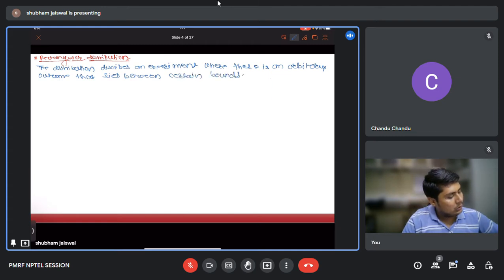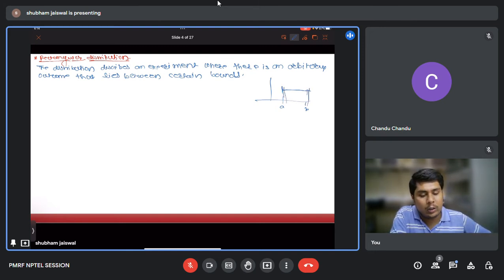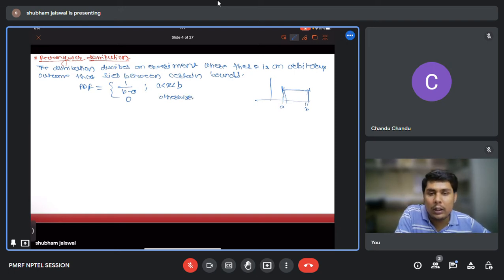So suppose here I have A, here I have B, and the outcome lies within these two bounds, then that distribution is rectangular distribution, and the probability density function is given as 1 upon B minus A when A is less than or equal to x and x is less than or equal to B. Okay, otherwise if it is less than A or greater than B, then the probability of that outcome is 0.